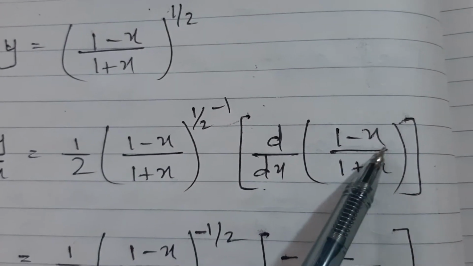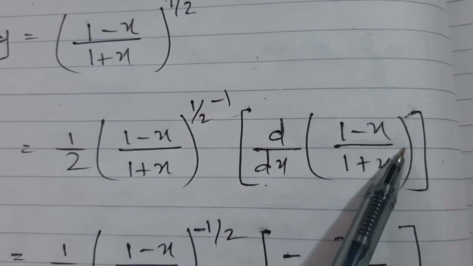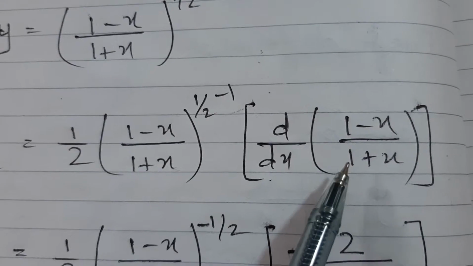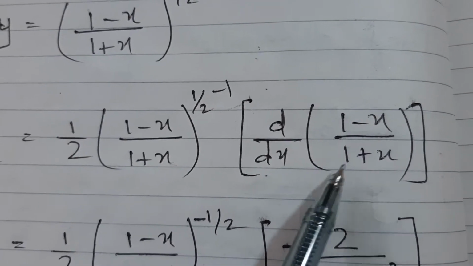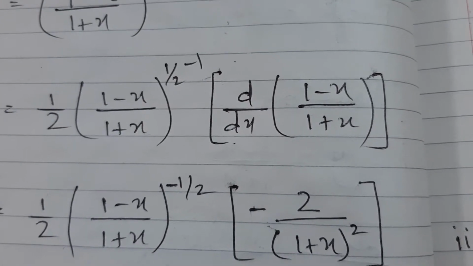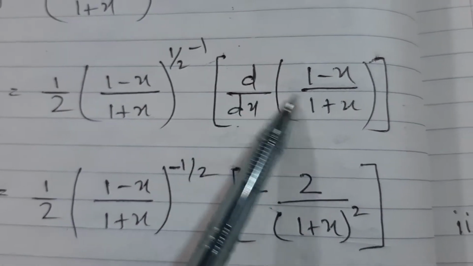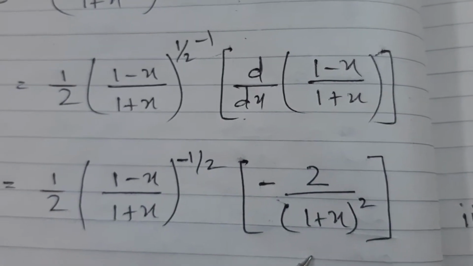Differentiate this with respect to x. This is what we just found in the previous part: minus 2 divided by (1 plus x) whole squared. That's why I have replaced this whole part with this.